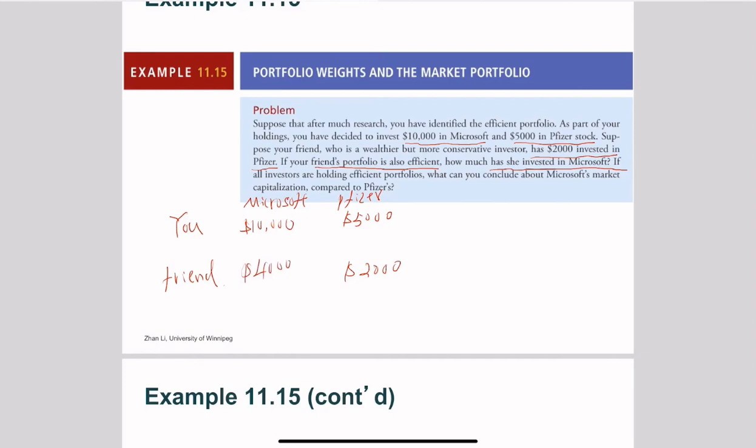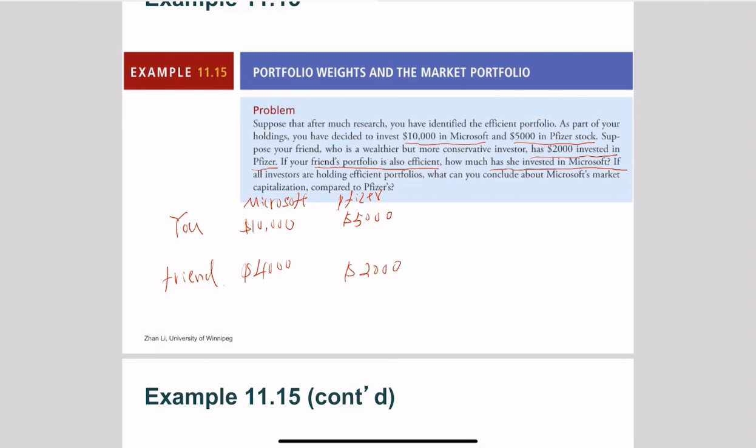Now, the second question. What can you know about Microsoft's market capitalization compared with Pfizer's? So here you can see that you're investing twice the money into Microsoft compared with Pfizer. Your friend is doing the same. And if in the market, every investor is holding the same efficient portfolio, then this implies that every investor should hold twice the money in Microsoft compared with Pfizer.